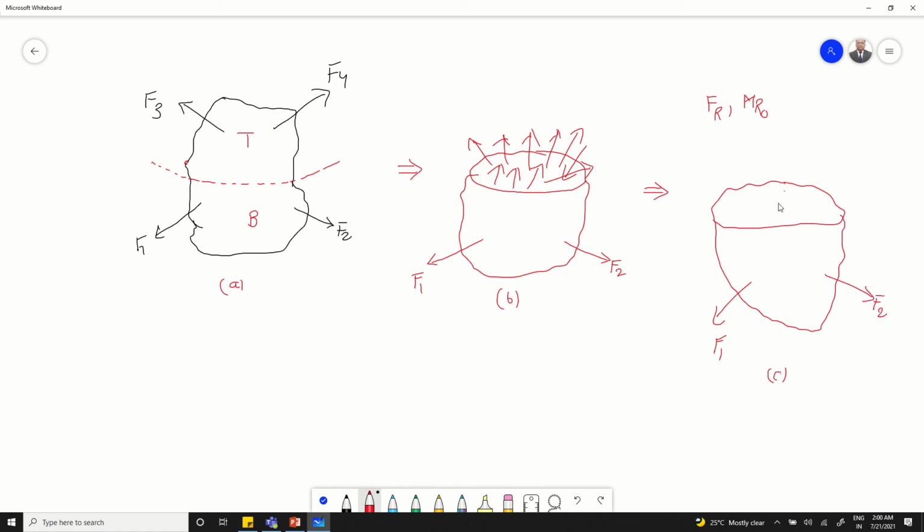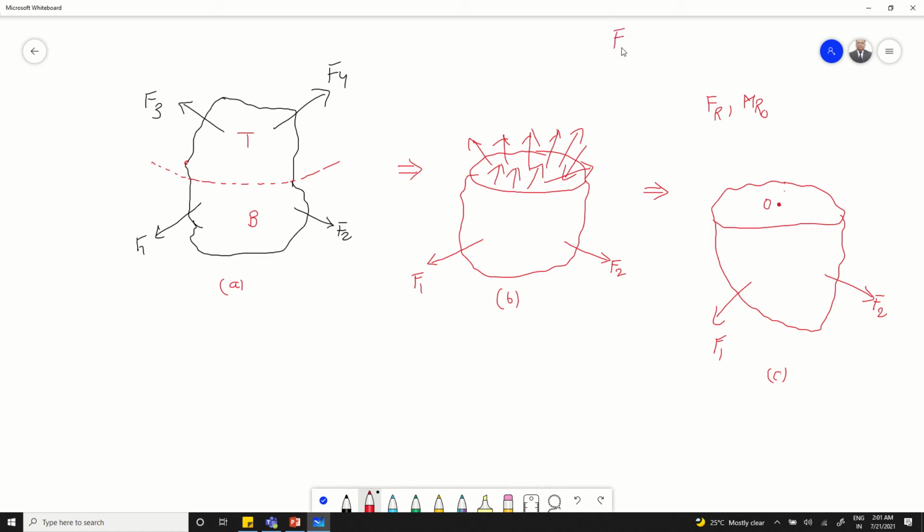Now we assume that these two will pass through this point O. Later on we will see that this point O is often chosen as the centroid of the sectioned area. So for most of the problems that we will be dealing with in mechanics of materials in future lectures, we will assume this point as the centroid.